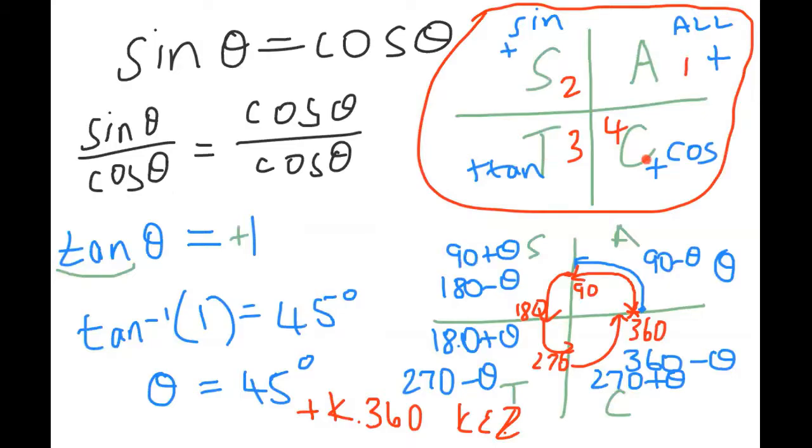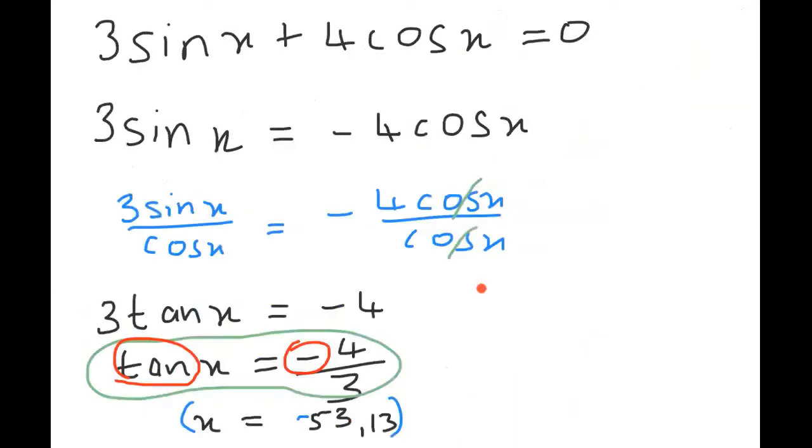So in 2 and 4, I have this 180 minus theta, and I also have the 360 minus theta. So that's the 2 I have. Let's start with the 180 minus theta.